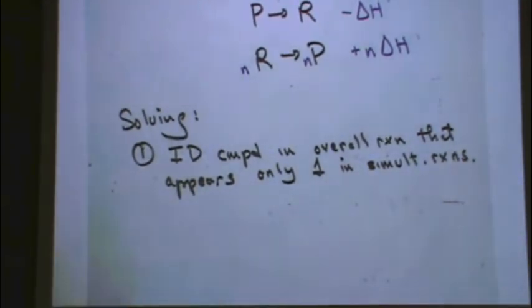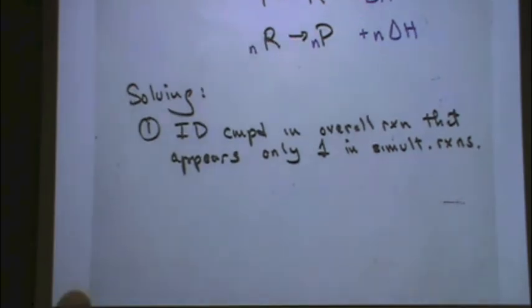So you're going to find a compound that is in the overall reaction that appears also in the simultaneous reactions only once. And then you make those match coefficients. So you match coefficients once you do that.